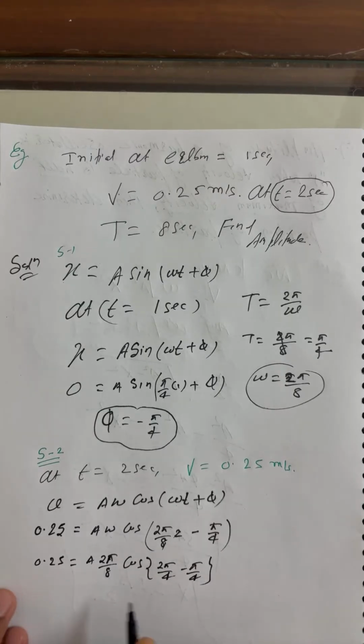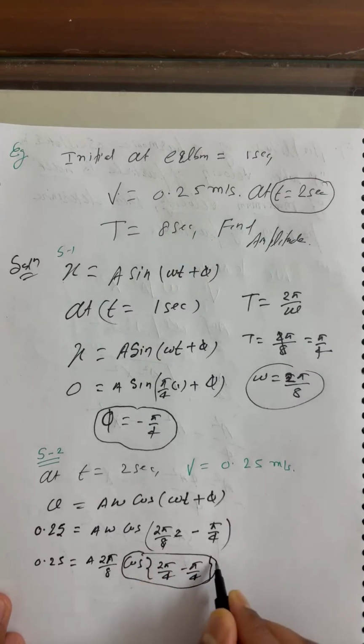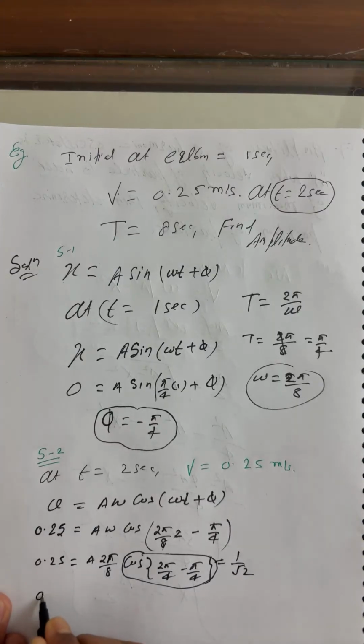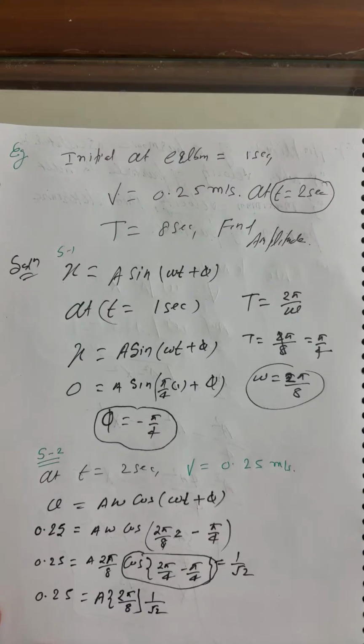You can see cos of... The entire term, you can replace it as cos 45, which is nothing but 1 by root 2. So this is 0.25. We wish to find amplitude here. So you can say this is 2 pi by 8 into A into 1 by root 2. Simple.